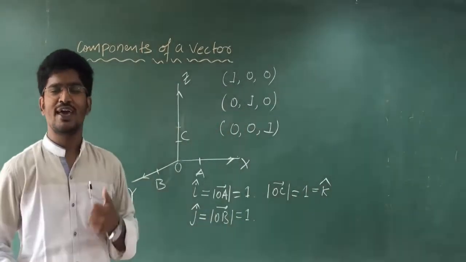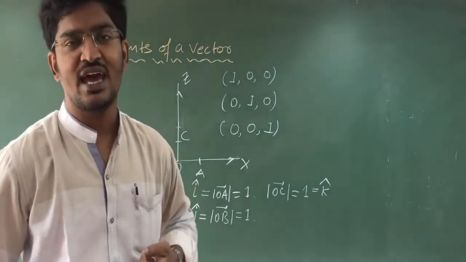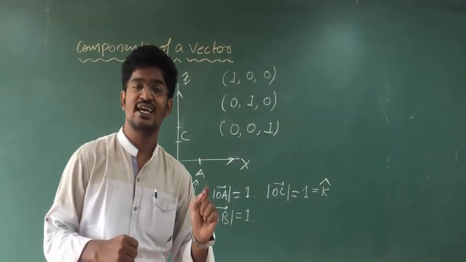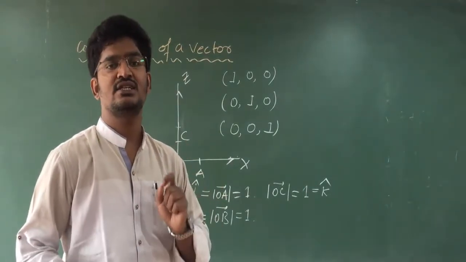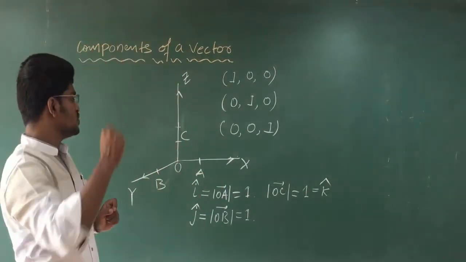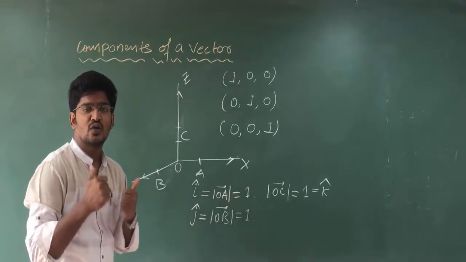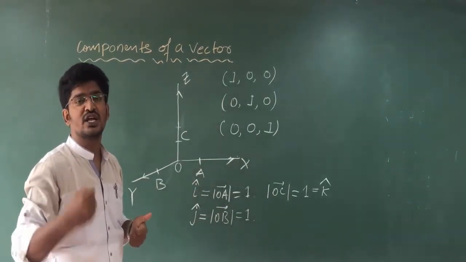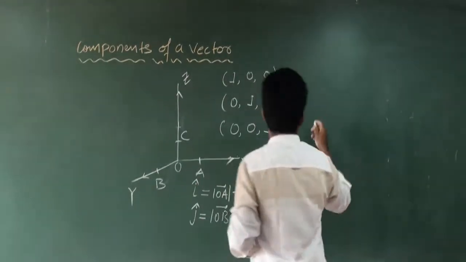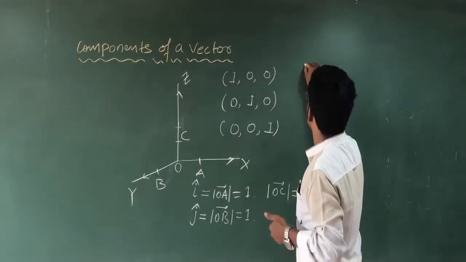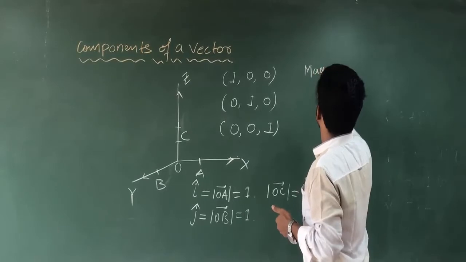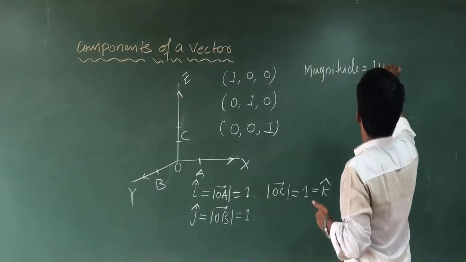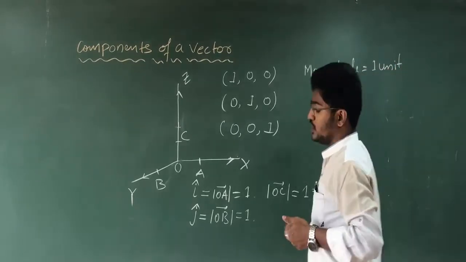So I cap, J cap, K cap are the three unit vectors in the direction of the x-axis, y-axis and z-axis. If I want to represent a unit vector, I will represent it with magnitude 1 unit.